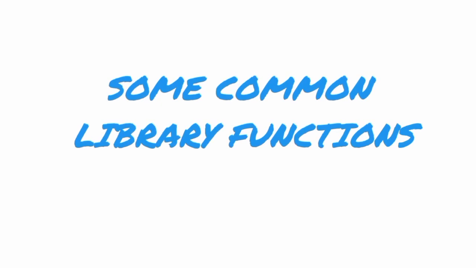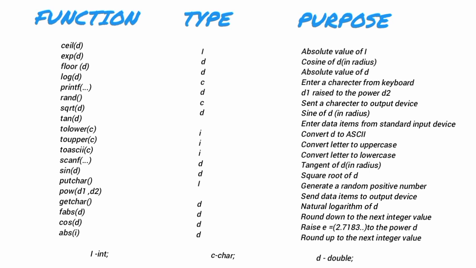Let's study some common library functions. Function, type, purpose. abs(i): type is int, purpose is absolute value of i.